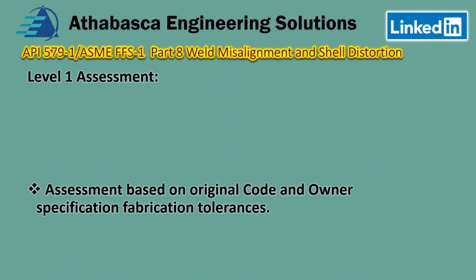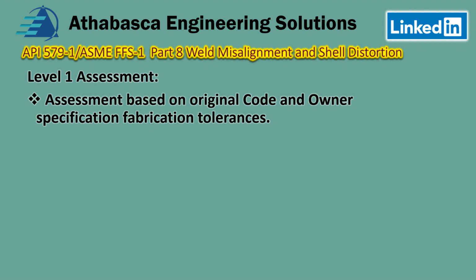To know about Level 1 assessment, it's based upon the original code that the tank, or the vessel, or the equipment was designed and constructed to, and to owner specification for fabrication tolerances.